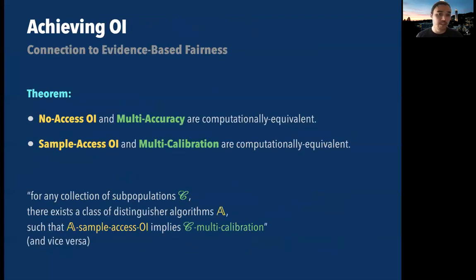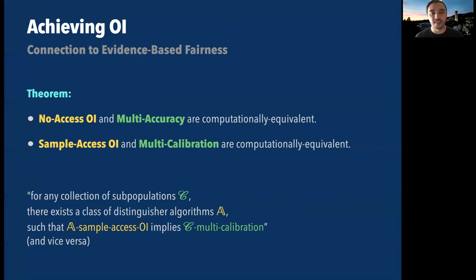Good. So the main question you should ask then is whether we can even achieve this notion. Maybe it's all well and good if it's a nice definition, but we might not be able to achieve it. So pushing this connection further, our results demonstrate, based on the tight connection between OI and multi-calibration, that we can achieve this notion. So specifically, we have a certain computational equivalence between OI and multi-accuracy and the stronger variant of OI and multi-calibration.